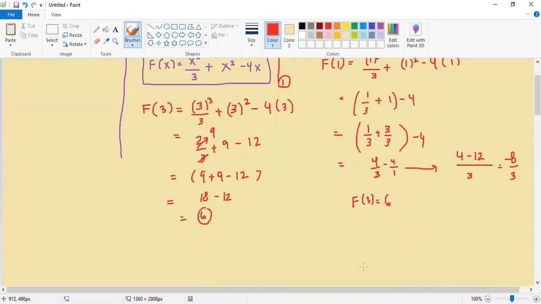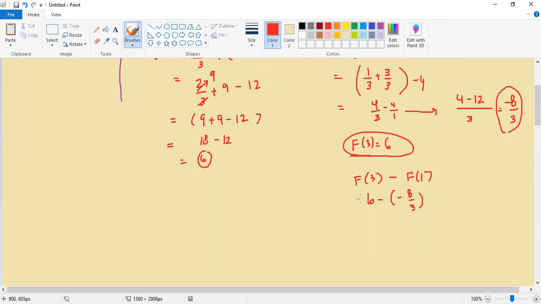So given that we wanted to subtract f of 1, which is equal to negative 8 over 3, from f of 3, which is equal to 6, we would get something like this. And this would come about to being the addition of 18 plus 8, which would be 26 over 3, which would be our final answer.